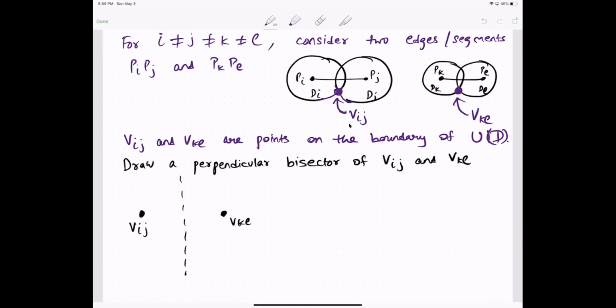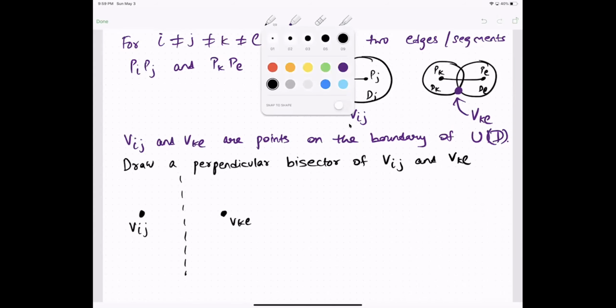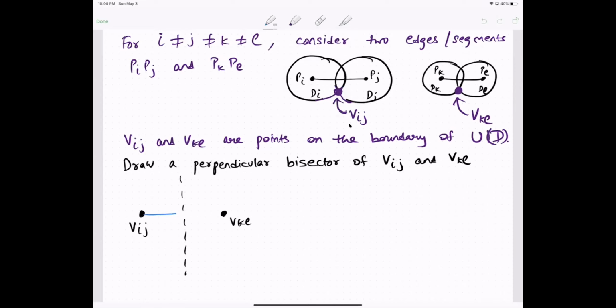Right, so what is a perpendicular bisector? Okay, let me recollect the high school definition. You draw this line connecting Vij and Vkl, and then you draw a perpendicular line from the middle of this blue line. Right? So that's a perpendicular bisector.